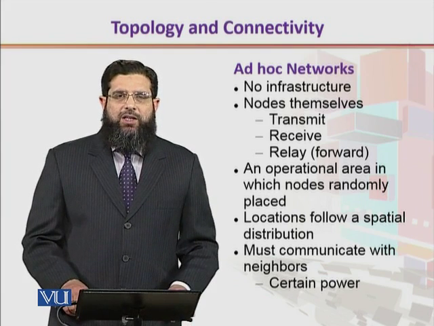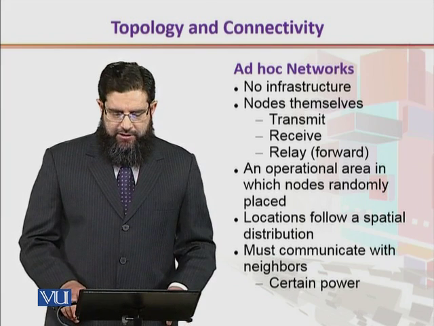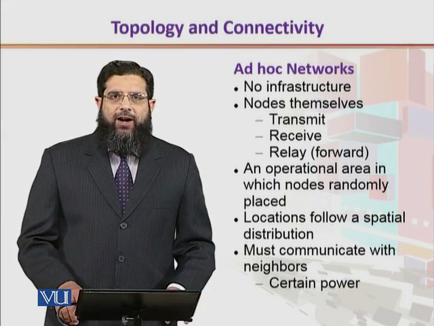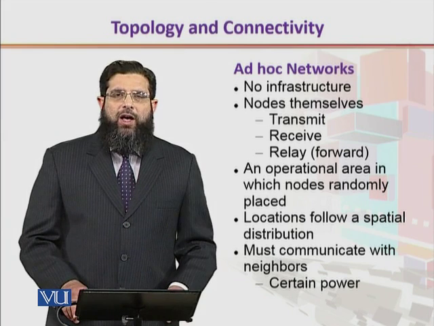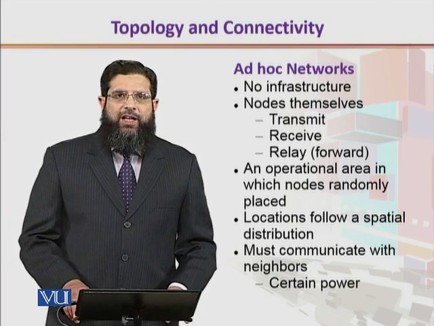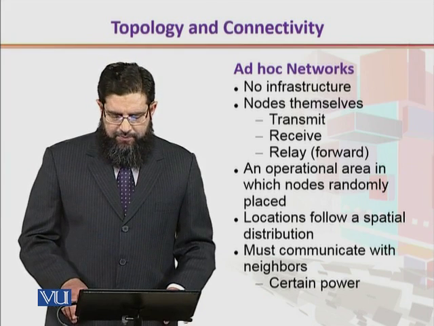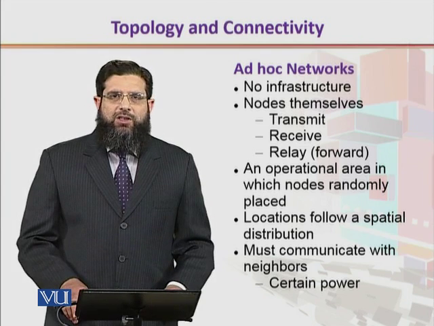So if an ad hoc network, which is a wireless ad hoc network, is deployed in a certain geographical area, it is usually deployed in a random fashion. The random deployment means that no a priori engineering and design has been invested. So the locations follow a spatial distribution.